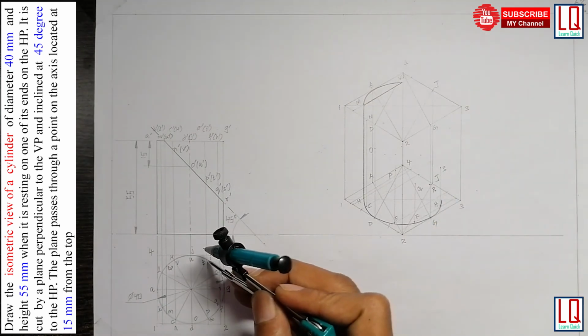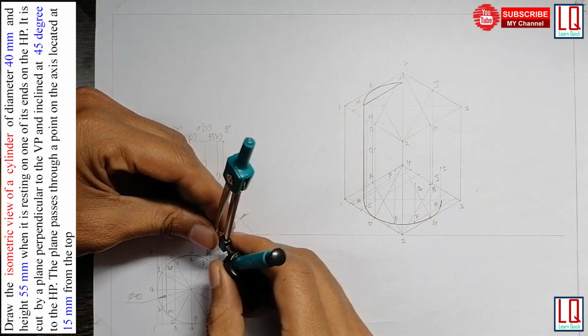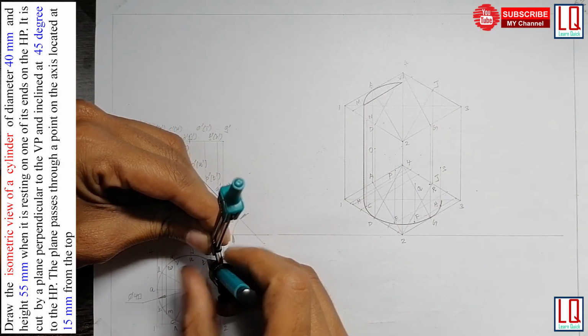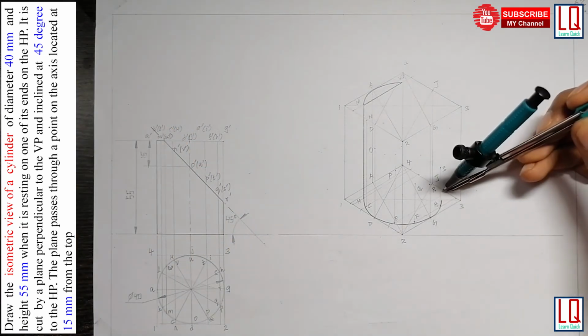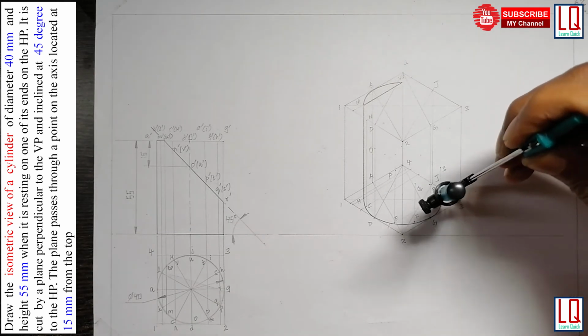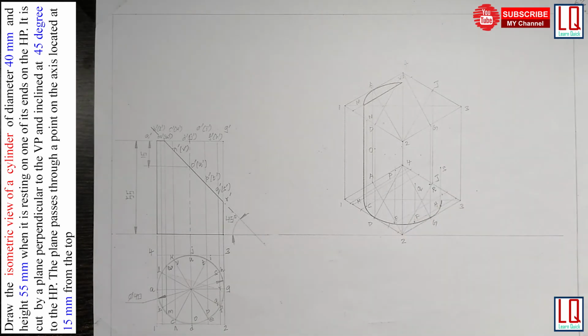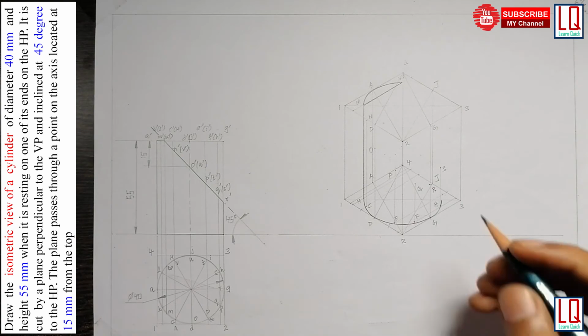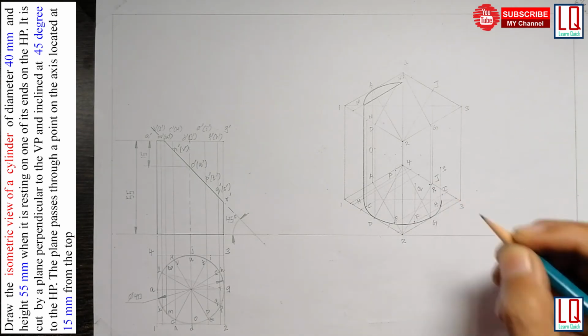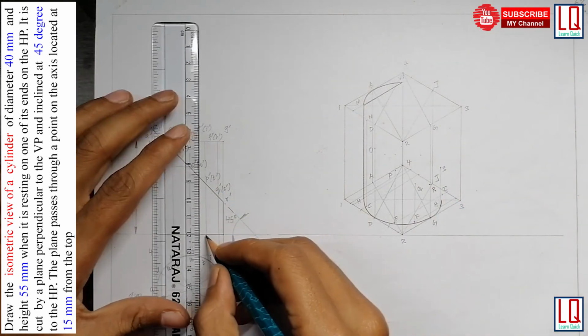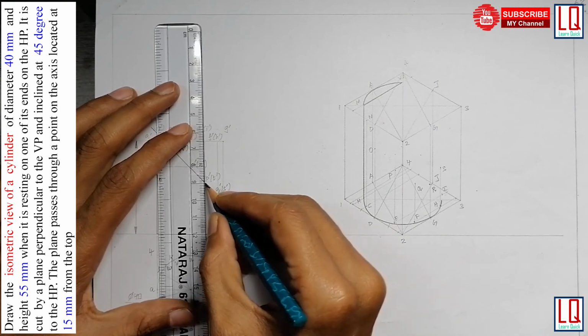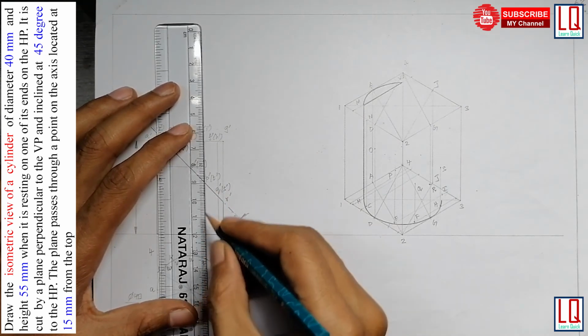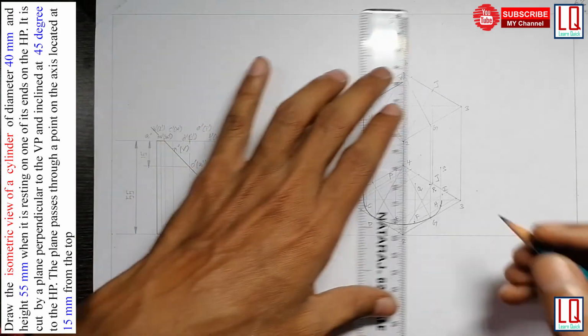Now to find point I, measure from 3, 4 to point I and mark capital I here. For I, I need to measure the height of point T. It measures 30 mm.